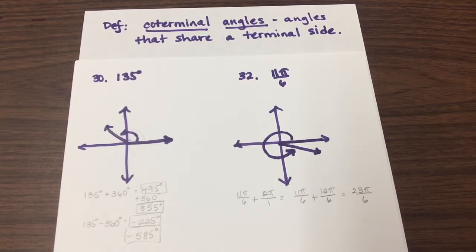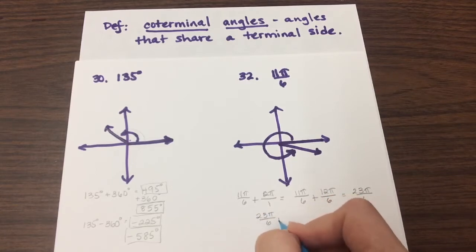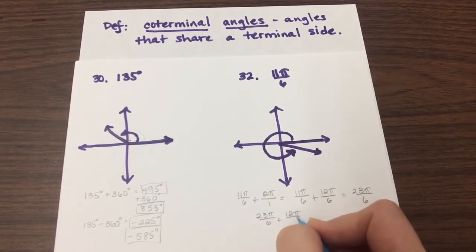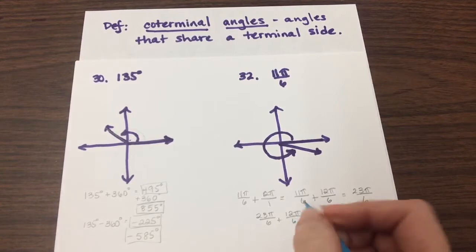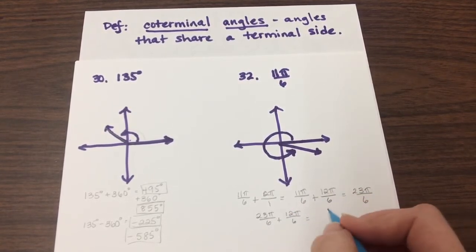Okay, so there's one of my positive coterminal angles. Another one, just add 12 pi over 6, or 2 pi. I've just already converted it to a common denominator, and that's going to give me 35 pi over 6.